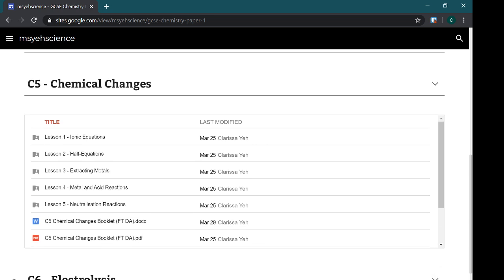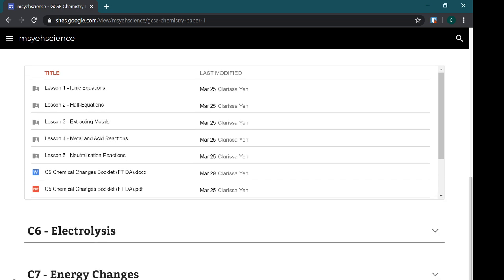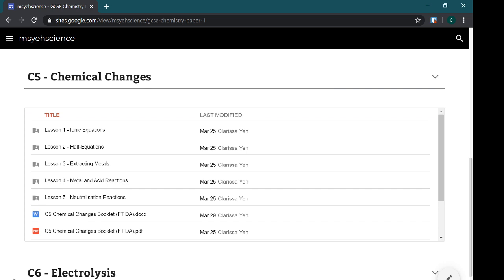So if you've forgotten all that stuff, which naturally you would because that was way back in last year, I just wanted to have a quick recap of writing ionic equations and writing half equations because you need that to be able to understand what is going on in the electrolysis topic. Otherwise, it would just be complete gibberish to you. So for this topic, it is important to have a little bit of background knowledge.